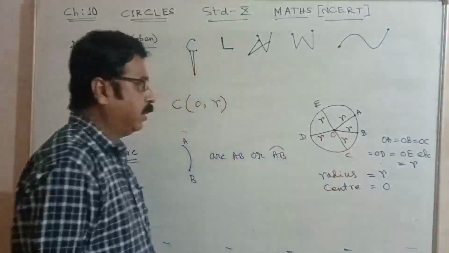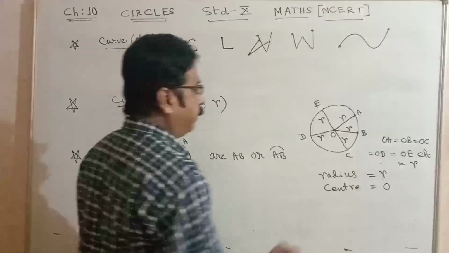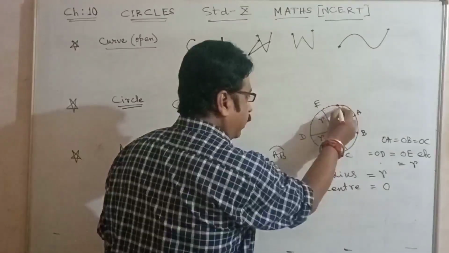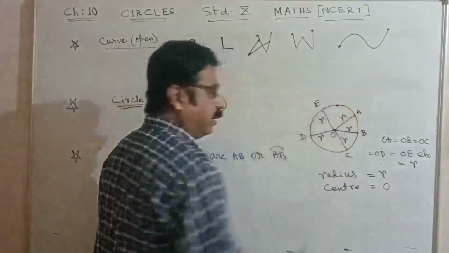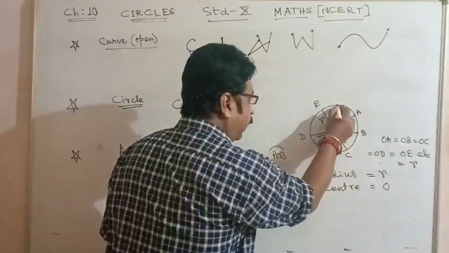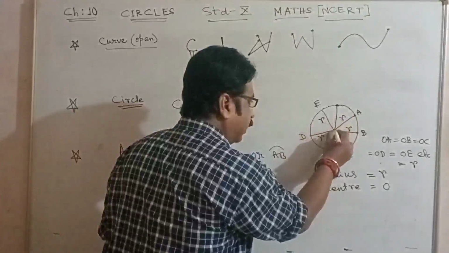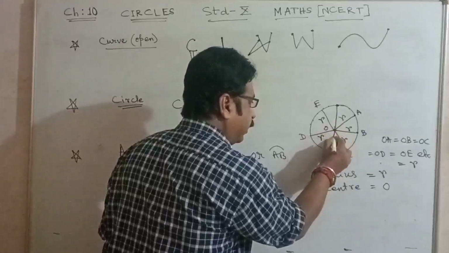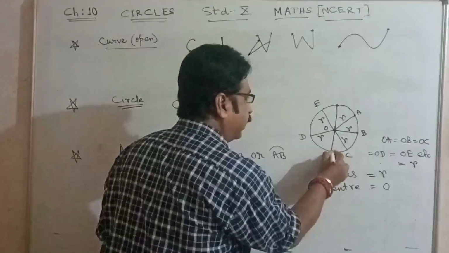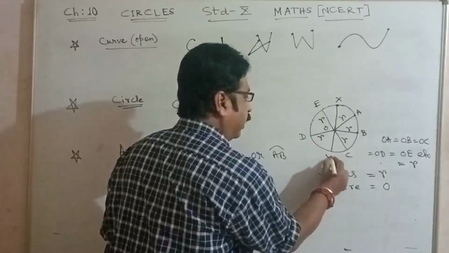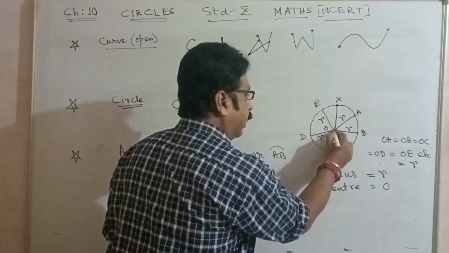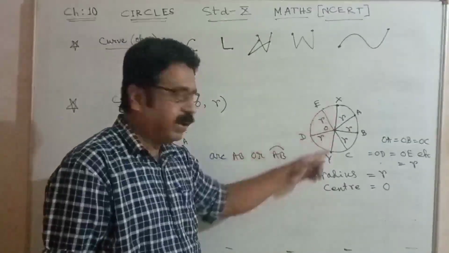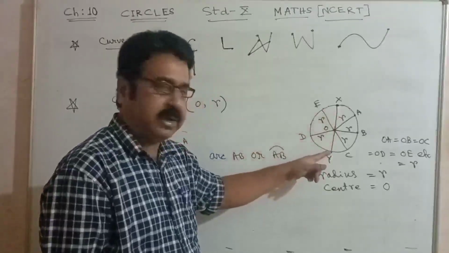Now, if we draw a line segment, we start from a point located on the circle and pass through the center straight to another point, suppose XY, passing through the point O, that means passing through the center, and it is a straight line segment.